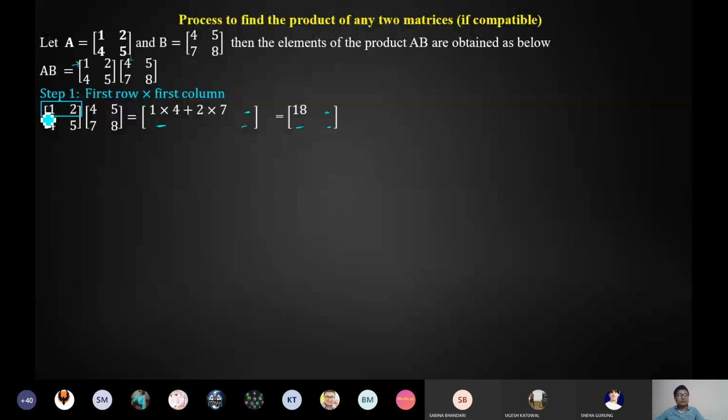This first row 1, 2 will multiply the first column 4, 7 to find the first element here, A11. How to find it?